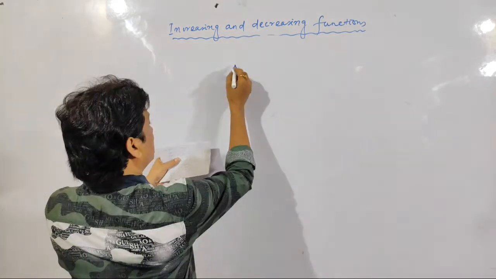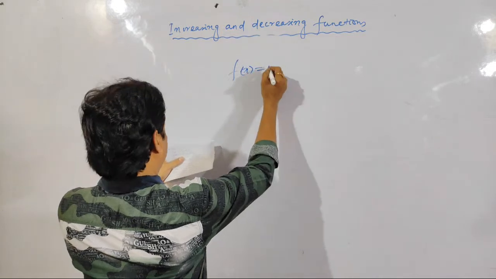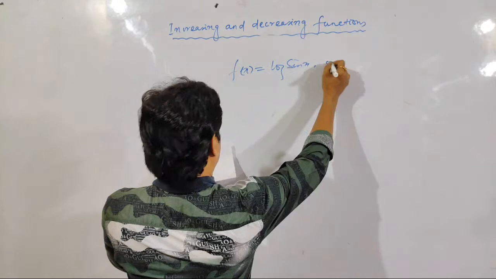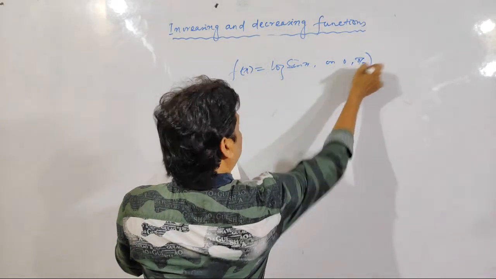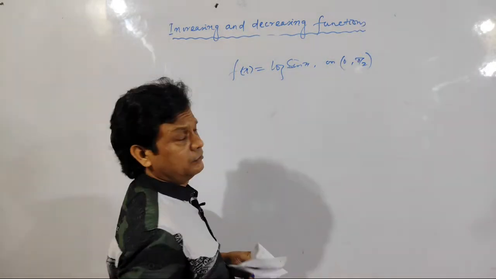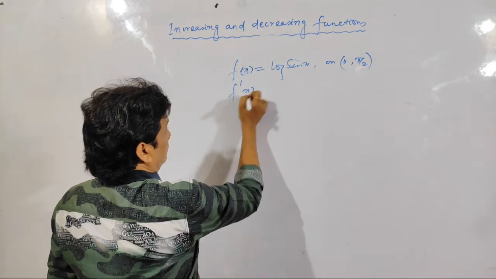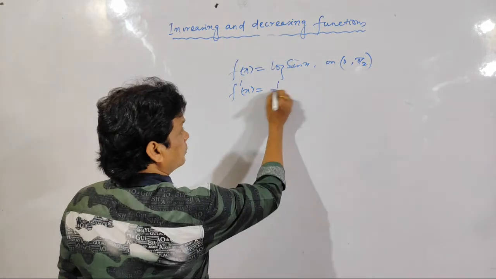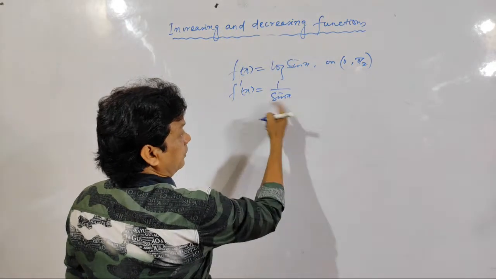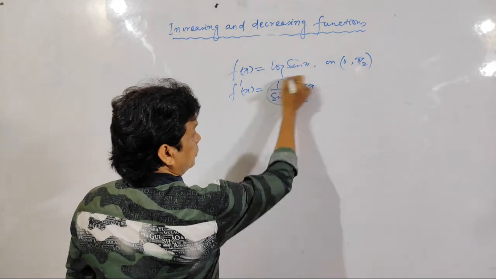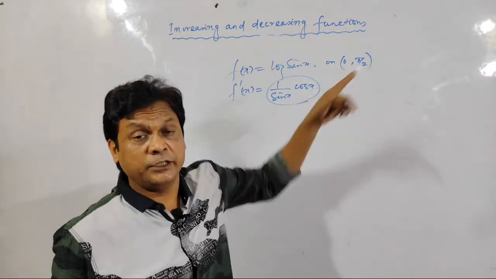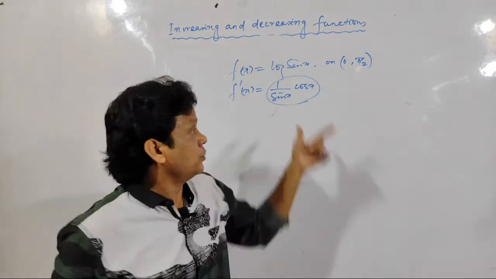Very interesting question. f of x equal to log sin x on 0 to pi by 2. Very, very interesting question. So simple question. Log sin x, log u, 1 by u du by dx, 1 by sin x into derivative of sin x is cos x, and this is cot x, and the interval is given in the first quadrant, and in the first quadrant all are positive, so cot x is also positive.